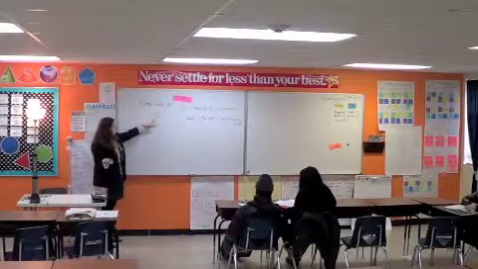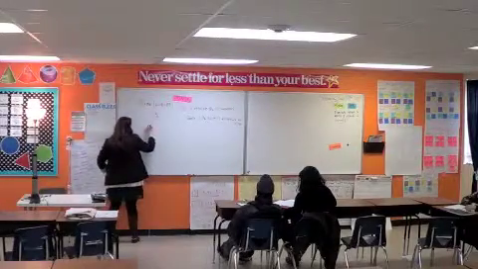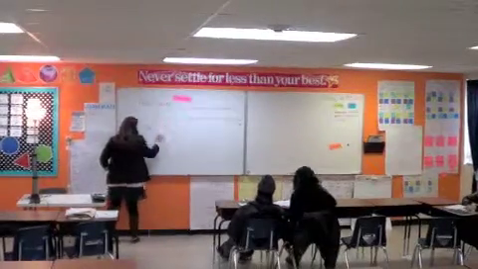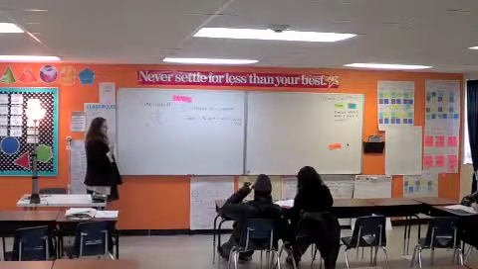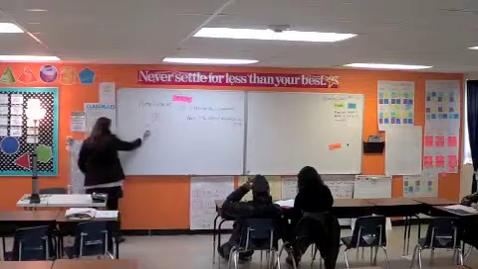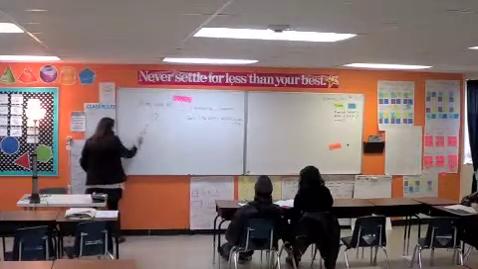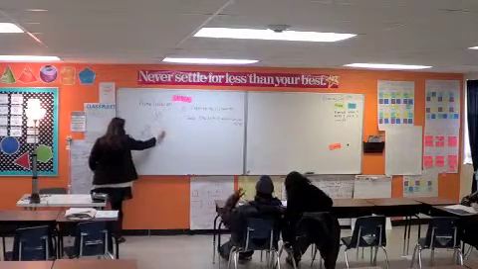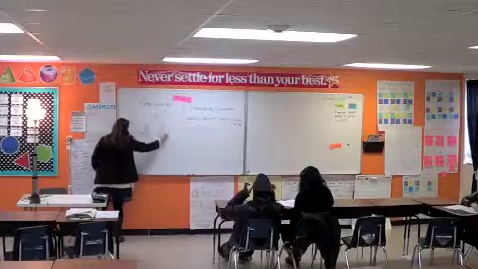Because 5 times 3 is 15 with an extra 0. So let's do 10 and 15 like you said. Now, are either of those prime numbers? No, so I don't circle them, I have to factor them further. Well, what are the factors of 10? 5, 2. Yes. And they're both prime, so I circle them. What are the factors of 15? 15 is 3, 5. And they are both prime, so I circle them.